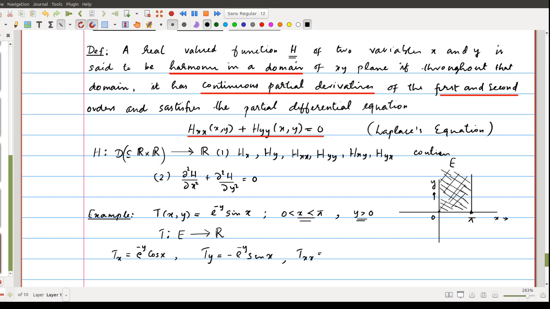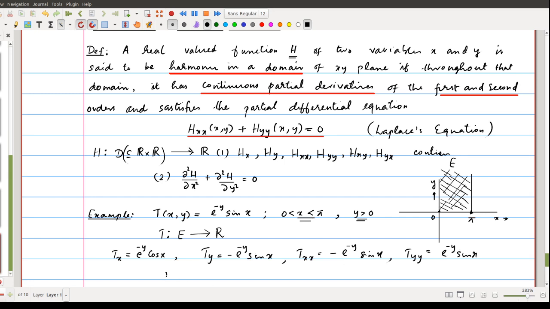We can write txx, the derivative with respect to x again, that is minus e to the power minus y sin x, because the derivative of cos x is minus sin x. And tyy is the derivative of this with respect to y; the derivative of e raised to minus y is minus e raised to minus y, so tyy is e raised to minus y times sin x.